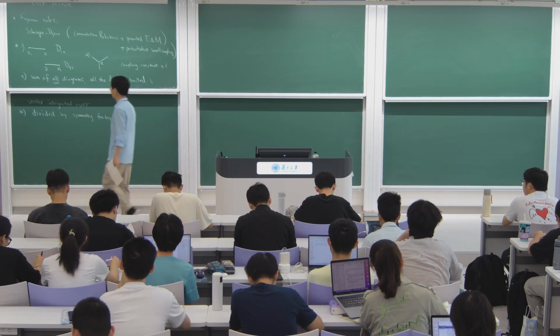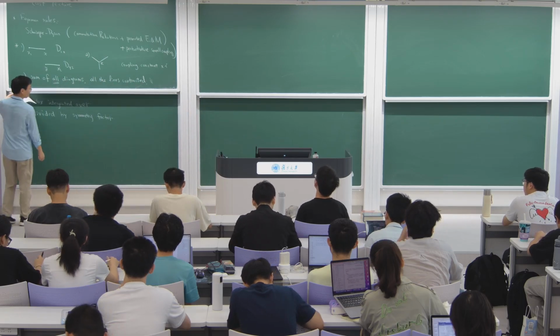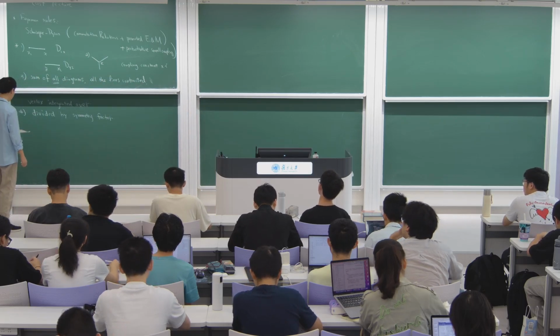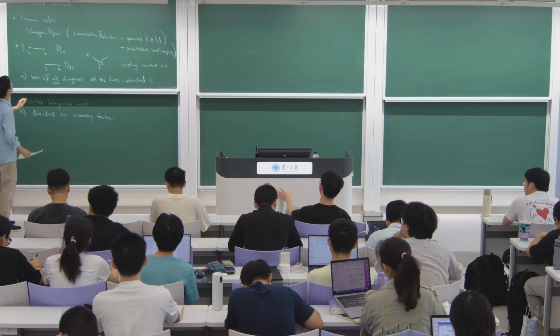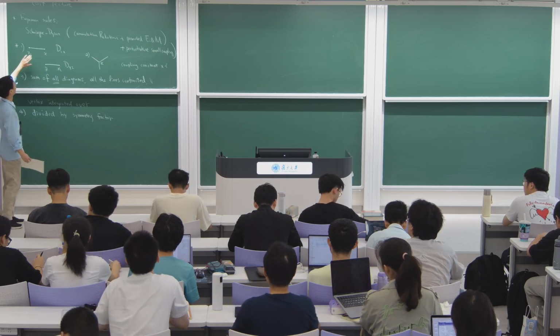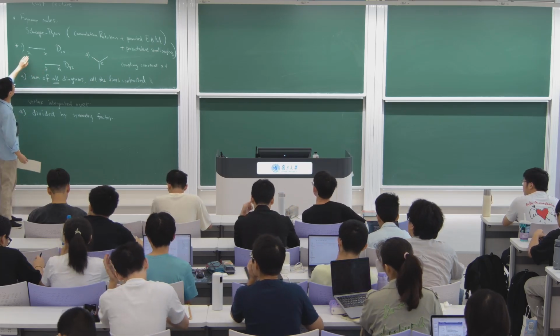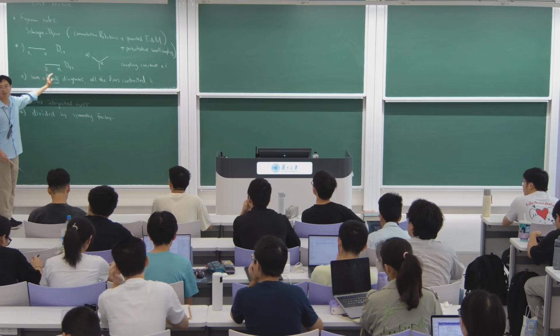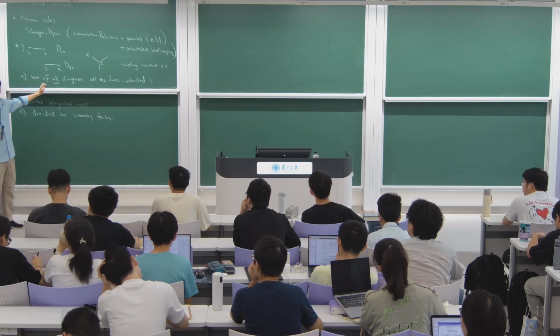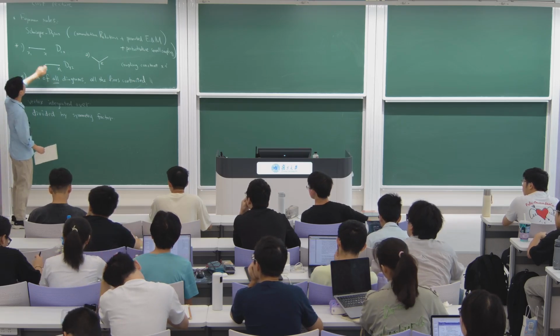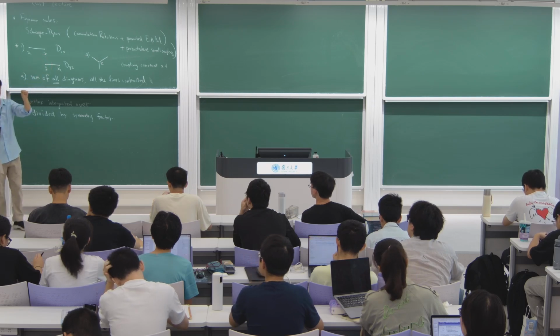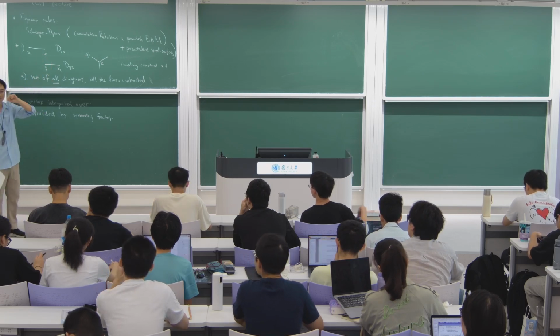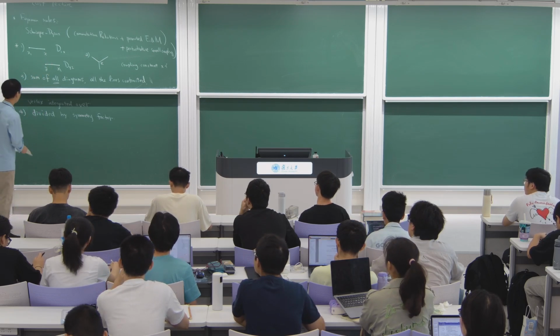So today we're going to continue to develop these Feynman rules. As you can see, last time we talked about the rules for the position space correlation function. Okay? Position space, all these x, y are positions in spacetime.